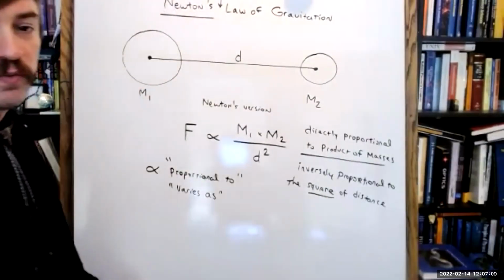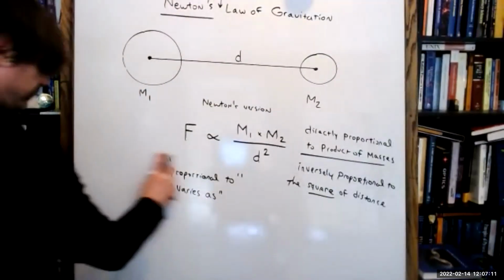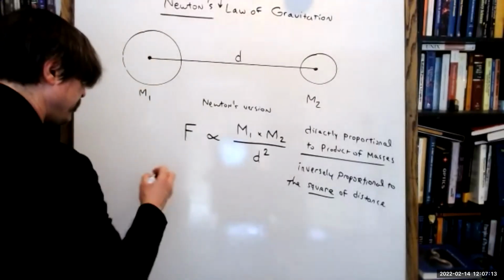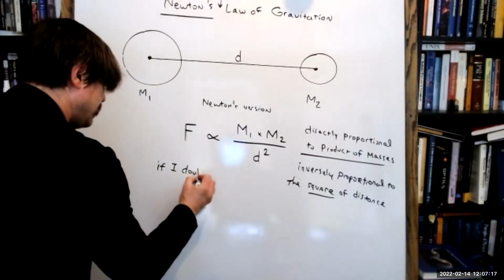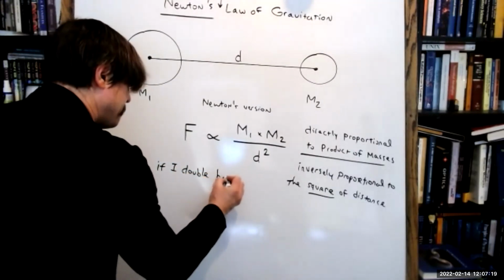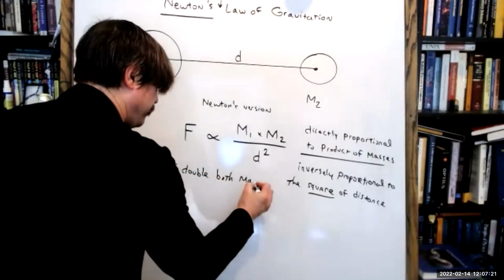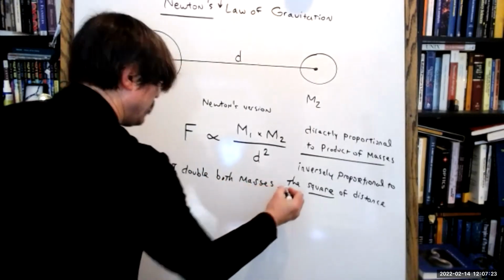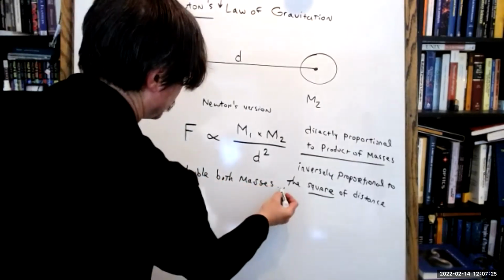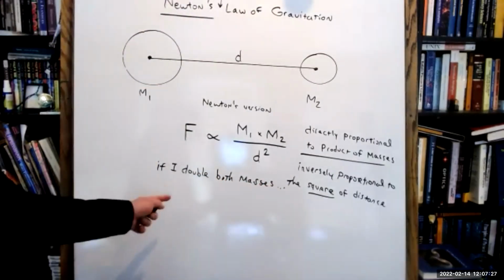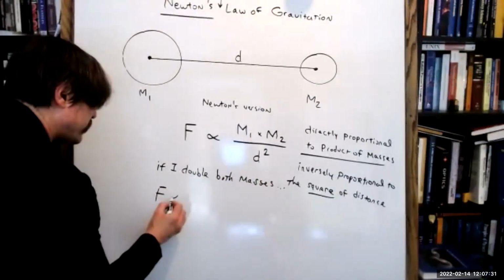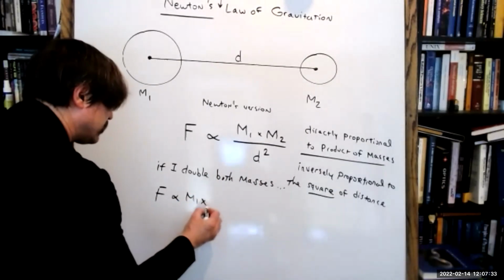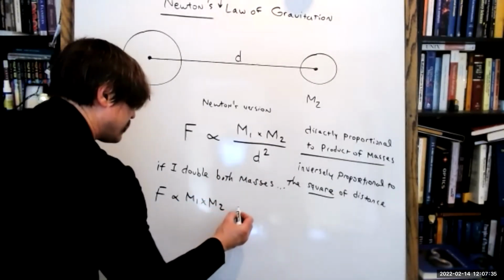So for instance, the way we would use a symbol like this is we would say, if I double both masses. If you were to simultaneously double the mass of Earth and double the mass of the sun, the force would be directly proportional to the product of the masses.